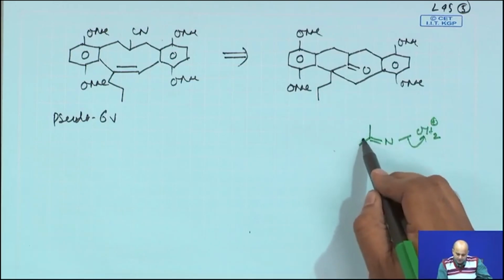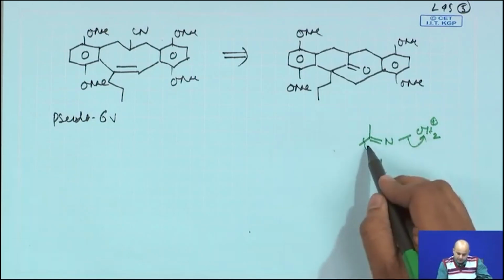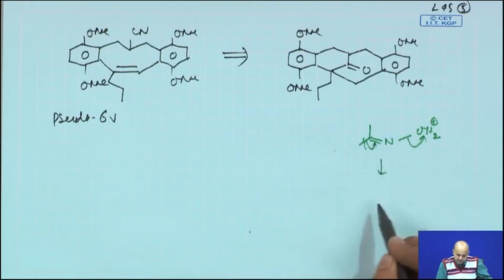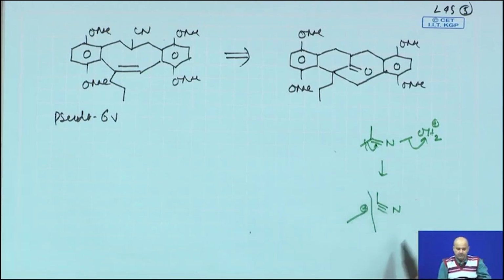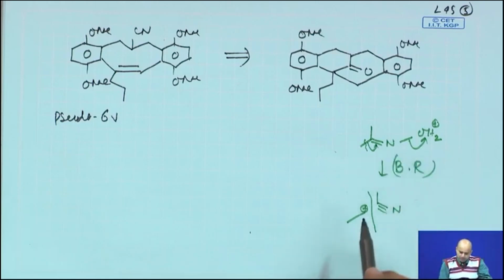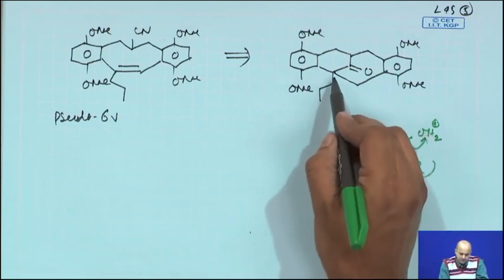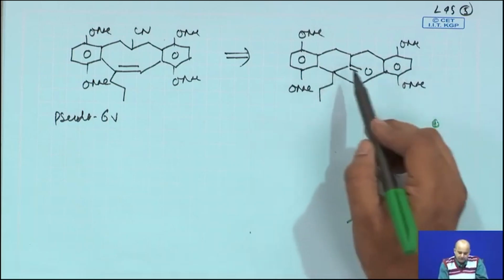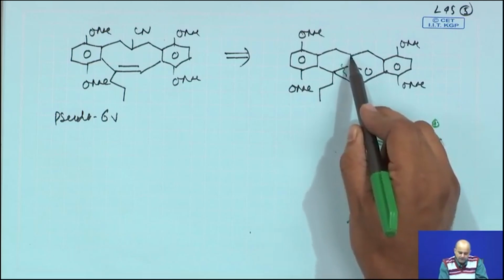This particular bond will fragment, and in this way it puts its charge here to give you a nitrile and fragments. So, this fragmentation we are talking about is basically a Beckmann type of rearrangement, but it is called Beckmann fragmentation. Now, why is this carbonium ion formed? Because this carbonium ion which is forming here is extremely stabilized, because it is benzylic as well as tertiary. So, this bond is cleaving and you get a cyanide here.